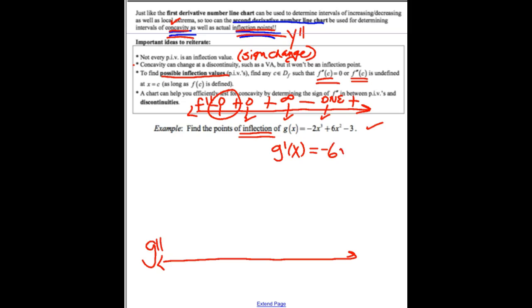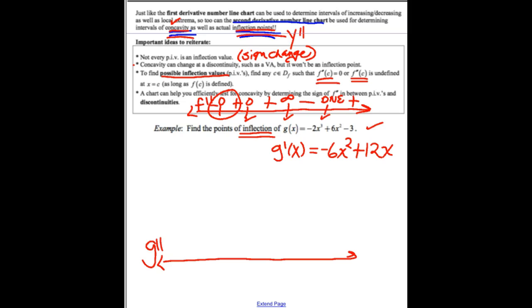All right, so an example, and then we'll be done. Finding the inflection points. First of all, are there any asymptotes or holes? No, done. Doesn't go on my sign chart. I'm going to put my sign chart down here. The minute it says inflection, I know this is a question about the second derivative or about concavity changing. I take the first derivative, and I get negative 6x squared plus 12x.